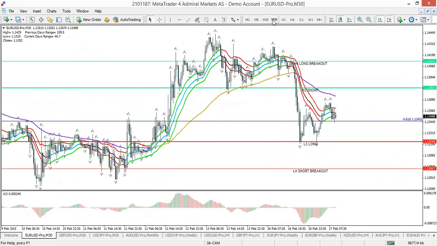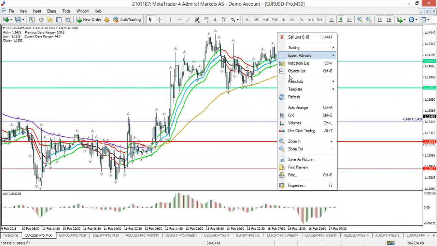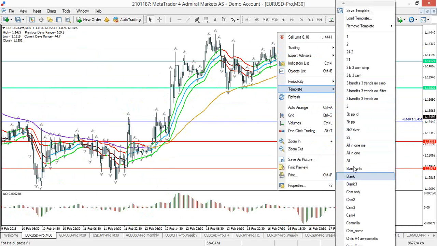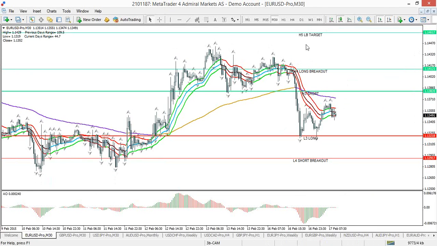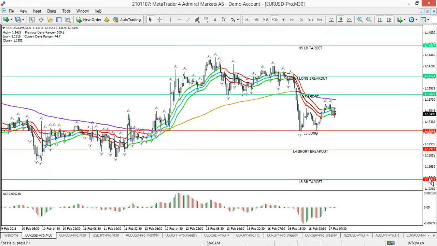Alrighty. Moving into the 30-minute chart. And taking a look now at moving averages as well, by the way, besides the Camarilla. The Camarillas are these levels. Anyone new here to Camarilla by any chance? These H5s, H4, H3, L3, L4, L5.